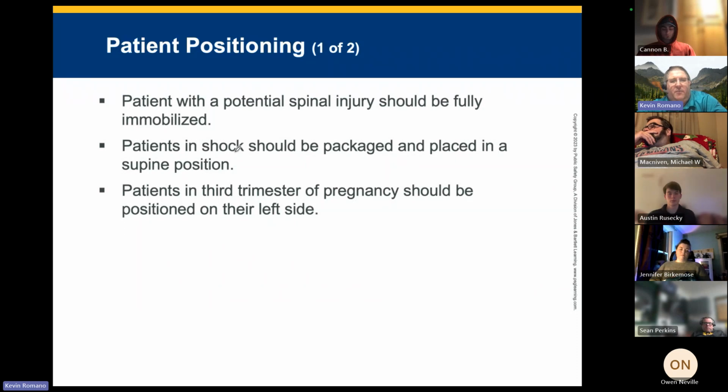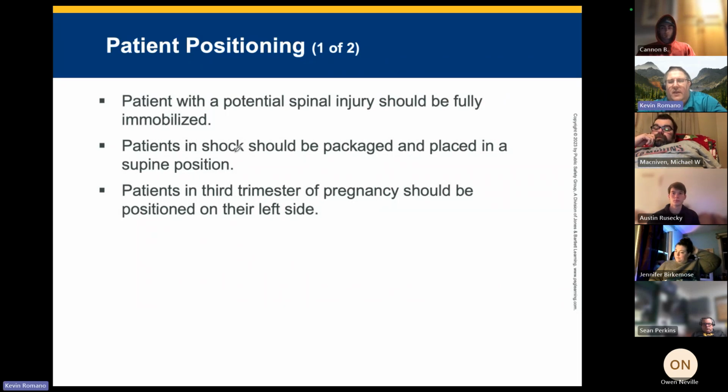Patients in their 3rd trimester of pregnancy should be positioned on the left side. Why is that? What syndrome is that called that we're preventing? It takes the blood flow. It prevents it from backing up on the heart. Right. So called supine hypotensive syndrome, right?